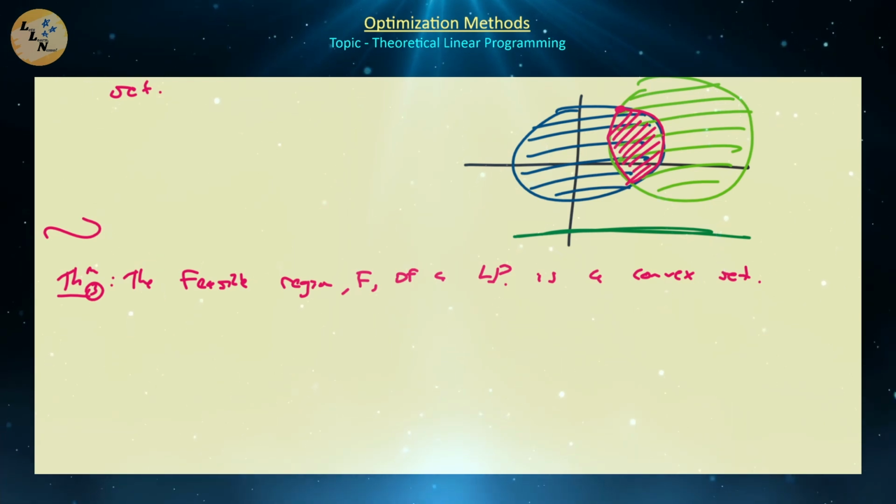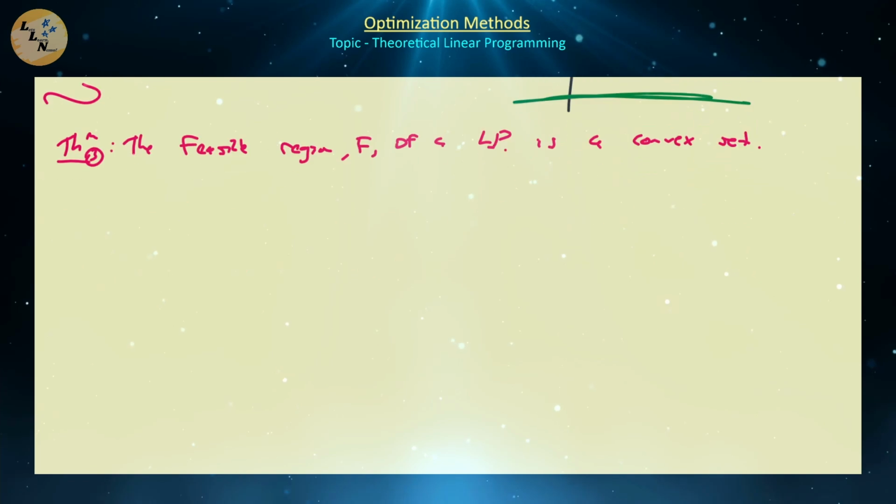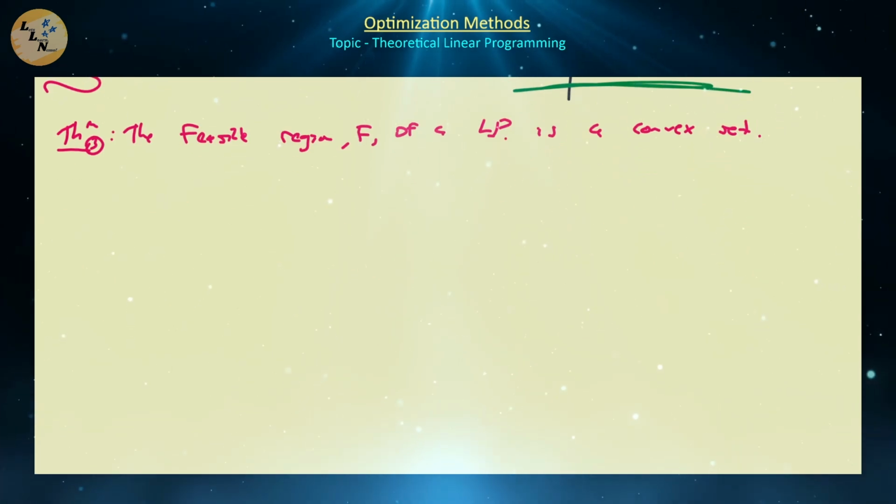That would be a non-linear program, which we'll definitely talk about a little bit later. But the feasible region F of a linear program is a convex set. And why is that the case? Well, every linear program can be written as an intersection of closed half spaces, and since the intersection of closed half spaces is a convex set, that means the feasible region of an LP is also a convex set. So that's just some idea of what we're talking about there.